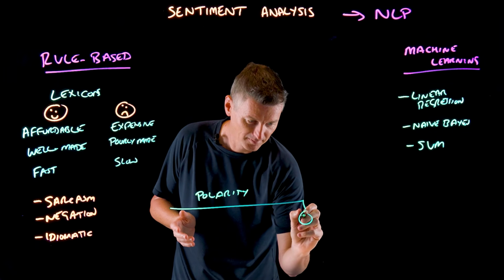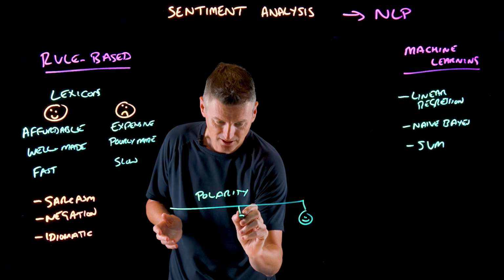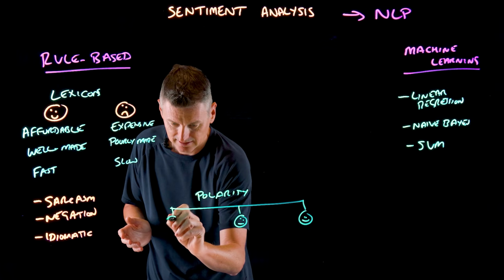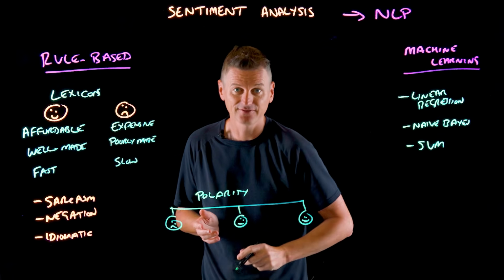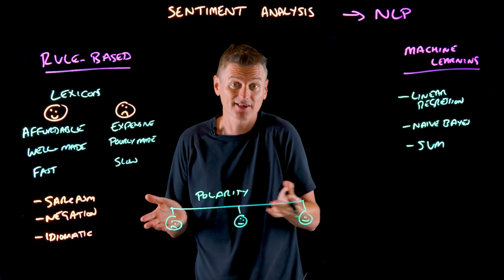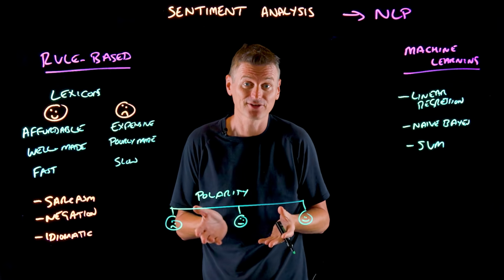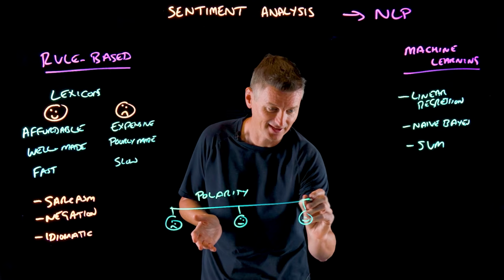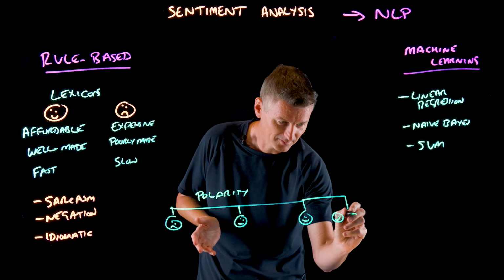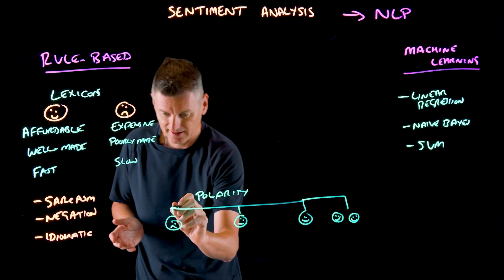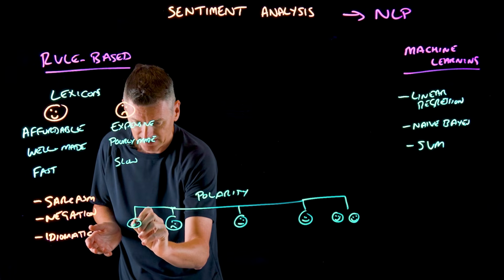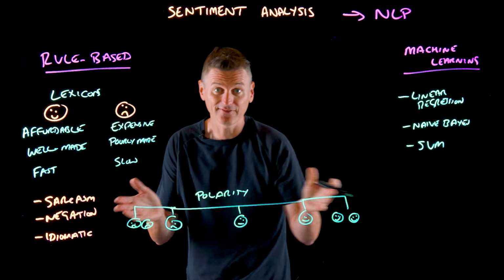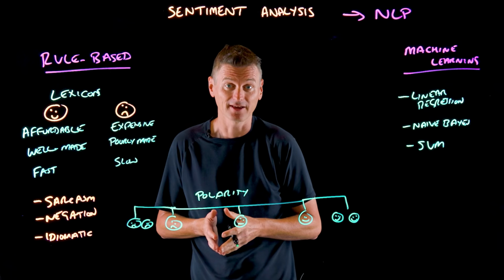So we have positive at one end, neutral in the middle, and negative at the other end. And then some models take it even further, categorizing text into subcategories like extremely positive and extremely negative. So we have a scale here that we can rank things on.